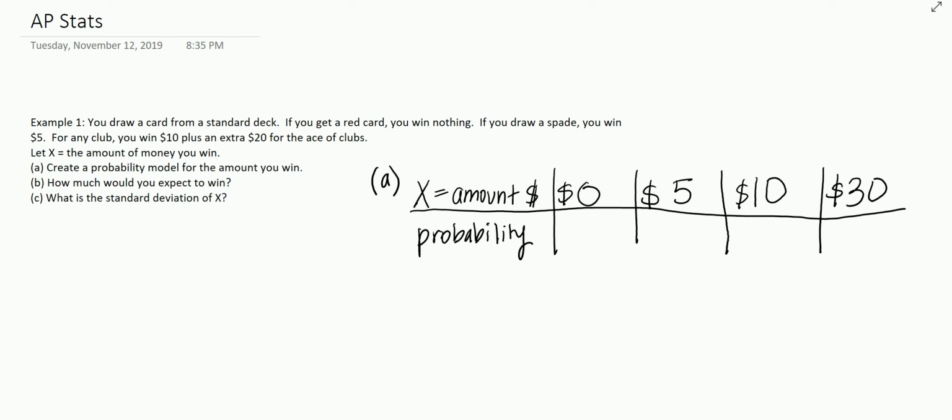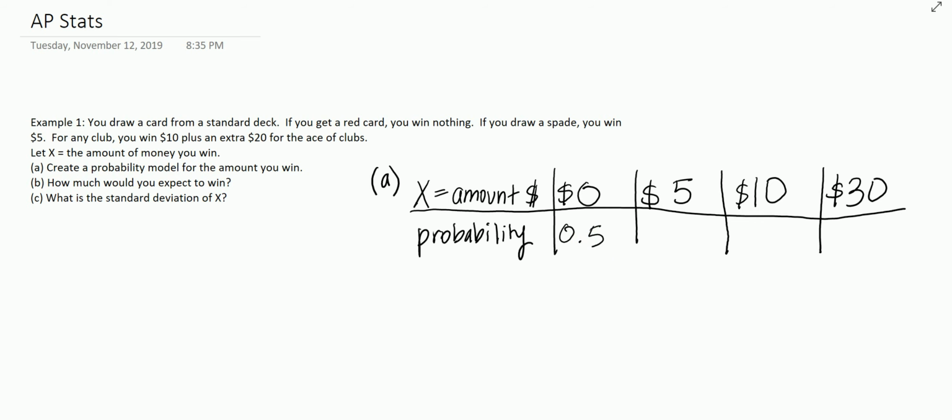Next, we do need to find the probabilities of each of these outcomes. In this case, this is your standard deck of cards. Half of the deck is red, and so the probability that you make $0 is 0.5.